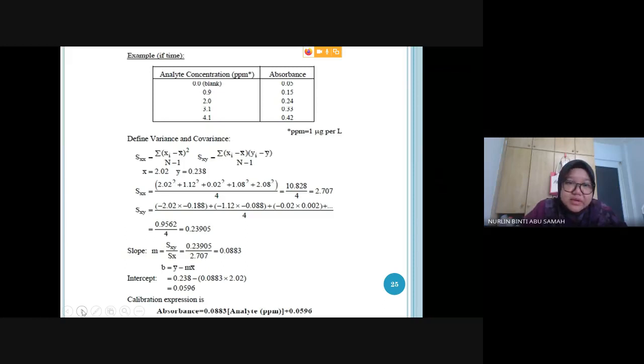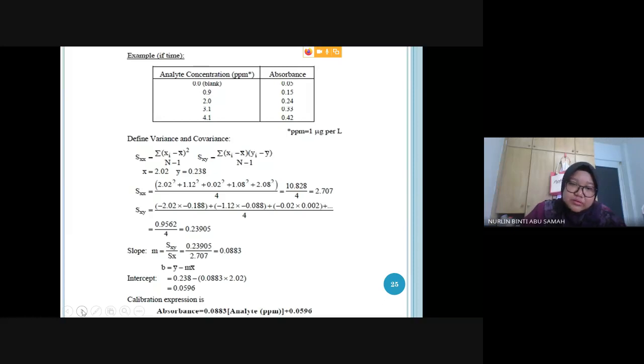So this is an example of calculation. I believe that pada exam hari tu, ada soalan macam ni untuk analytical chemistry. This is the classical method on how to calculate the standard deviation, variance, and slope.